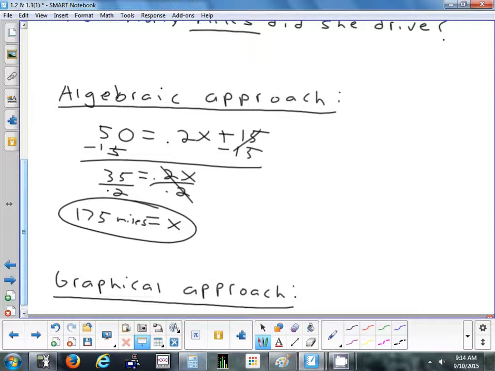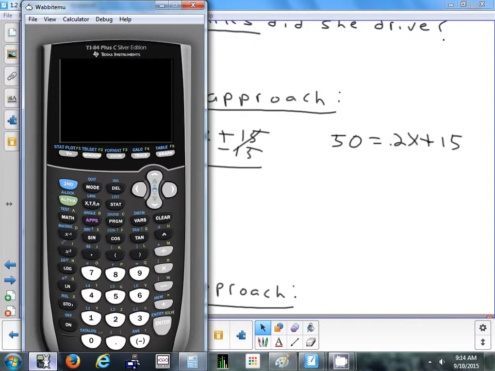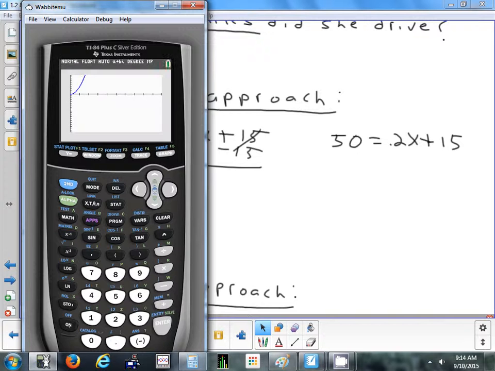All right, let's try it on the graphing calculator. We're going to go back to that equation we had. Okay, so on your graphing calculator, first thing you want to do, turn it on. Okay, if you're at the home screen, you can clear it, but we're going to get off this screen in a second anyway.